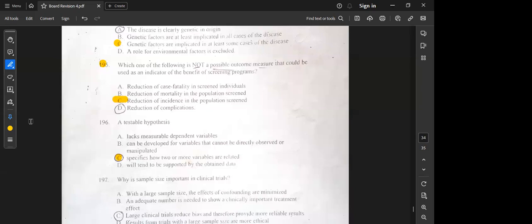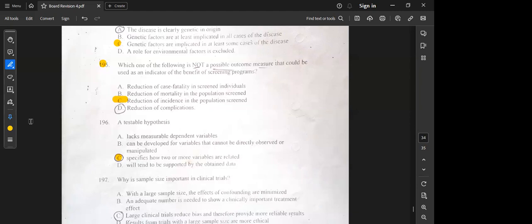Mortality is a good indicator: if people have been dying from cancer in a place, and then we start screening more and more, and the reason we do screening is to prevent symptoms from developing, then as an indicator of the effectiveness of the screening, yes, mortality is a good measure.